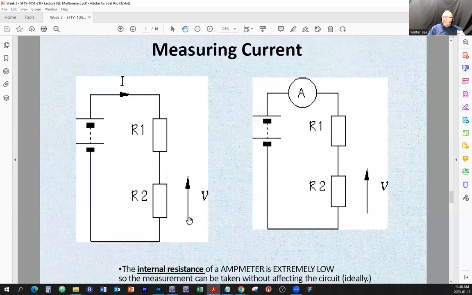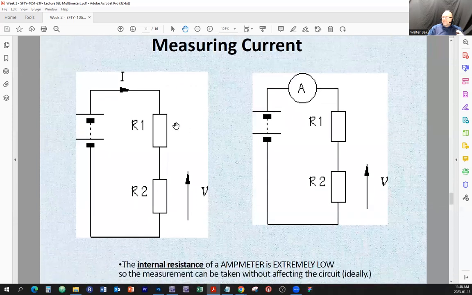Well, here is the visual of that. Again, current pathway without the meter and current pathway with the meter. Notice the amp meter is in series with the whole circuit. So the whole current passes through the amp meter and through the rest of the circuit in order to take the proper measurement.